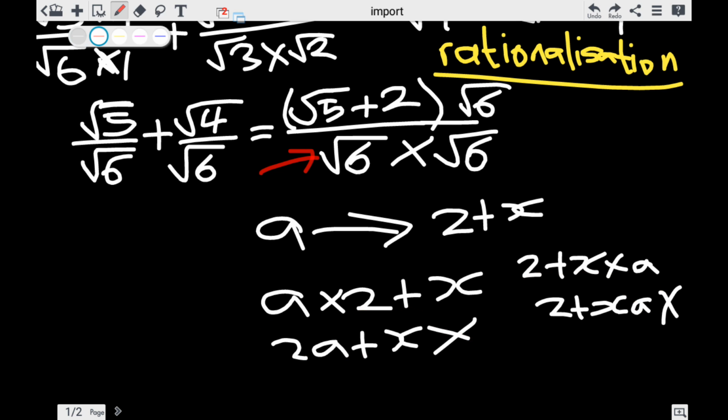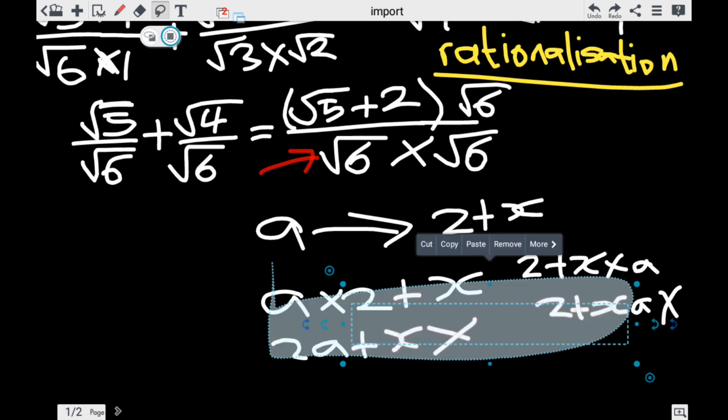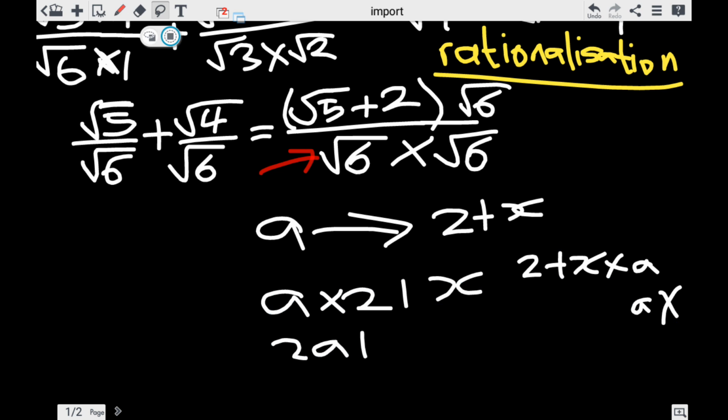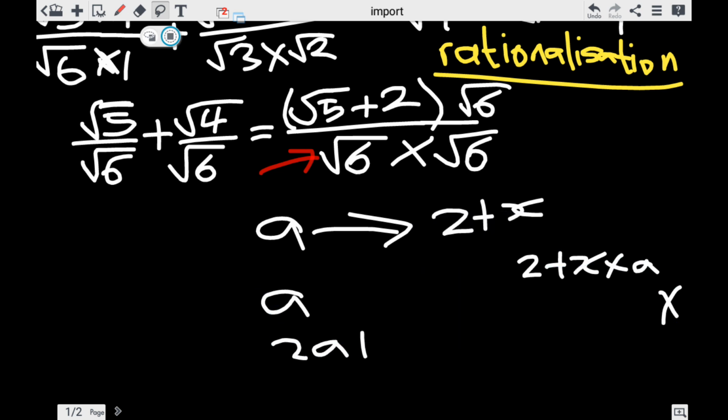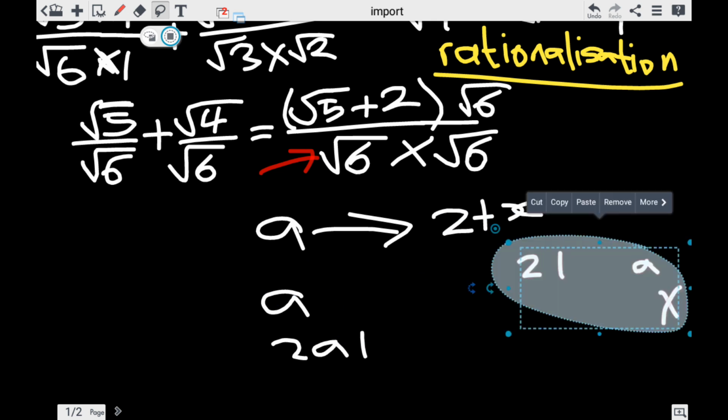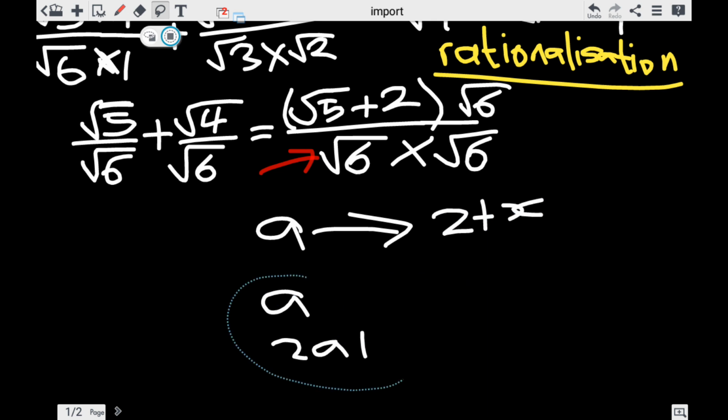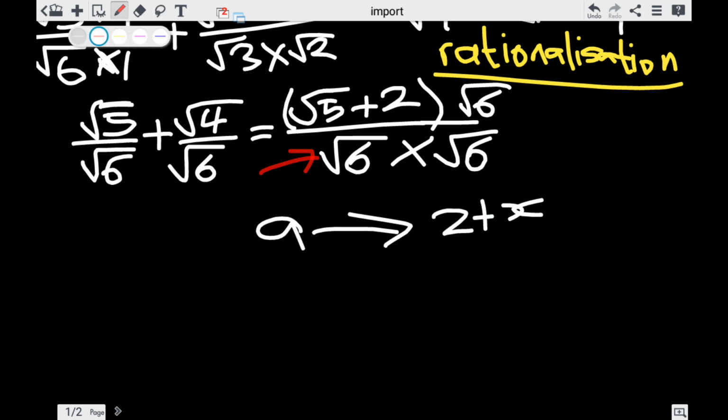But what should we do instead? We're going to use a bracket. We need to put them inside a bracket. So let's put these two numbers inside a bracket.